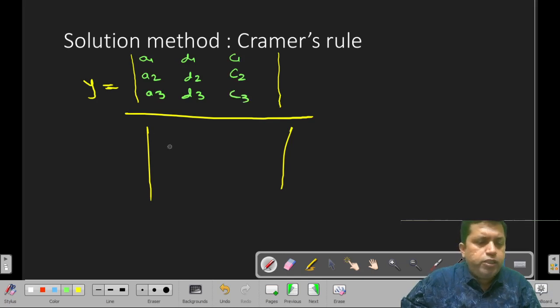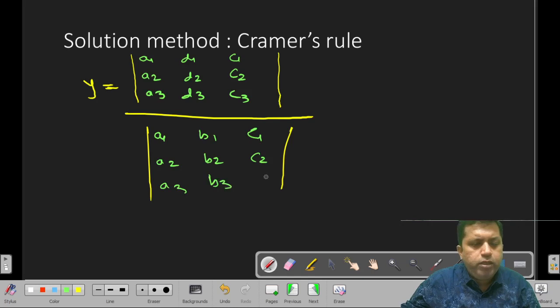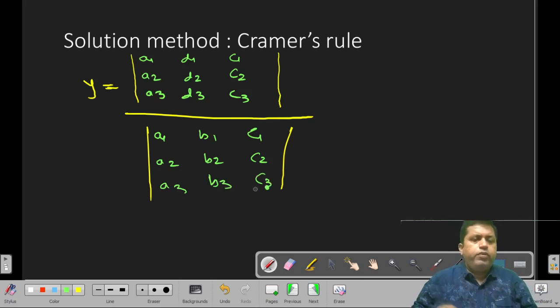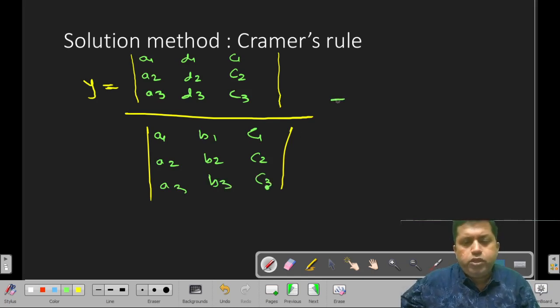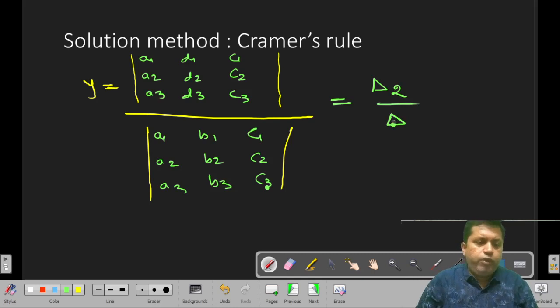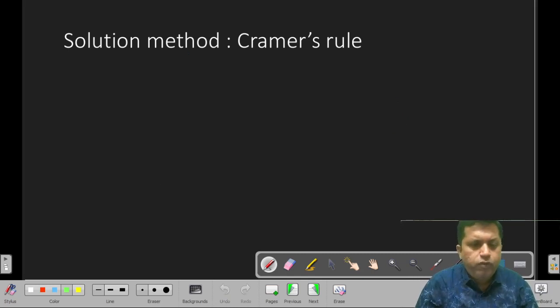The denominator determinant is the system determinant as it is, A1, B1, C1, A2, B2, C2, A3, B3, C3. This is also written as delta 2 divided by delta. In this way you can find the value of Y.